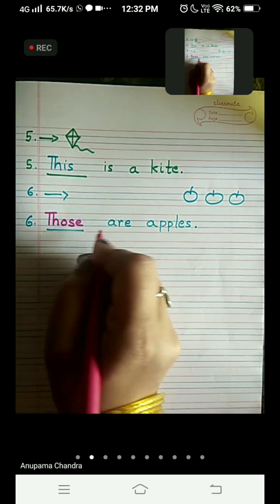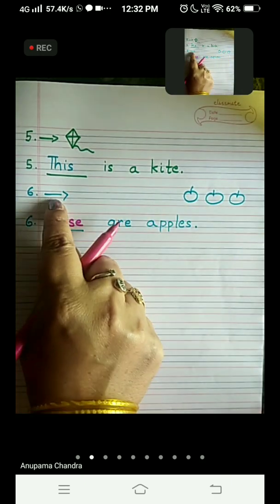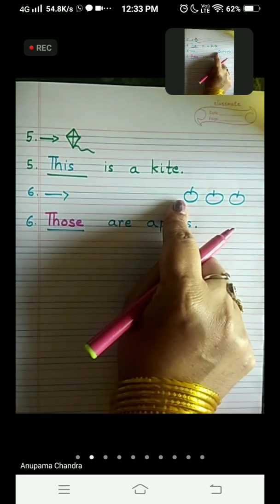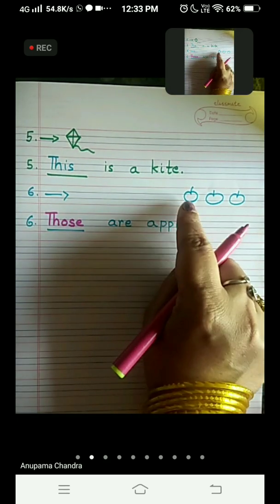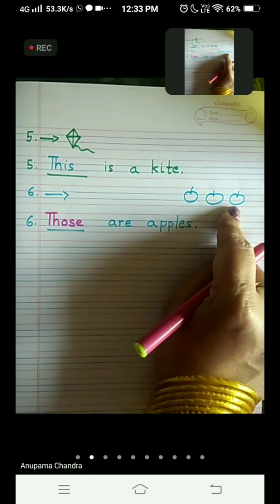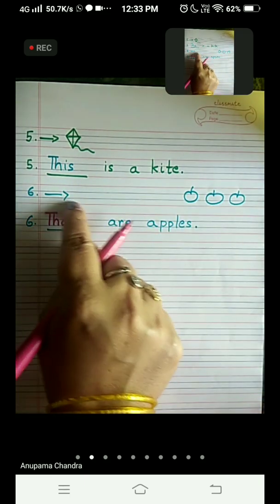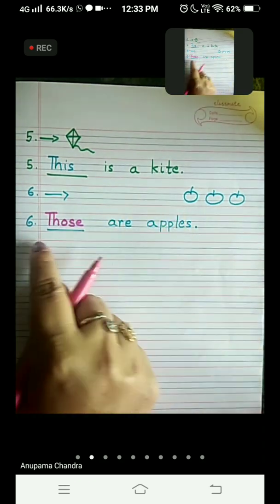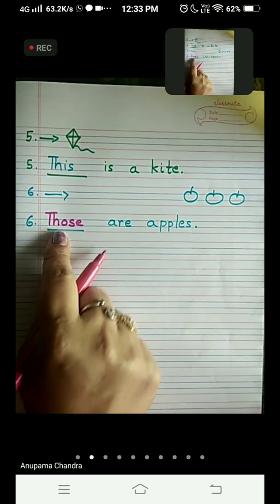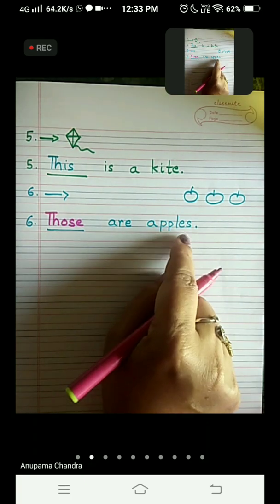Those are apples. Why? Because it is far away and it is more than one. How many are there? 1, 2, 3. The apples are 3 in number. So we will use the word those. Those are apples.